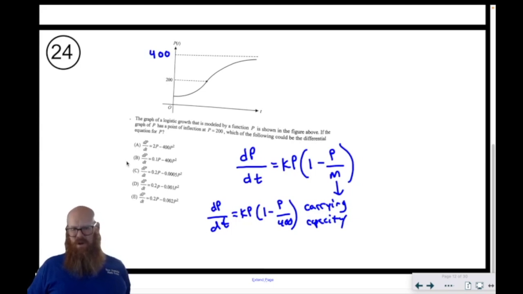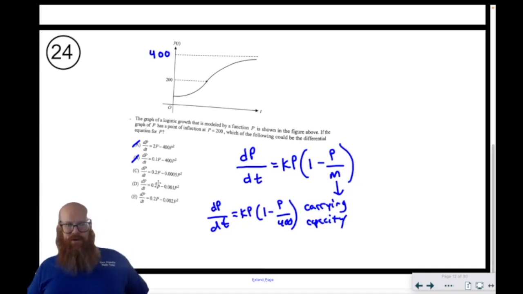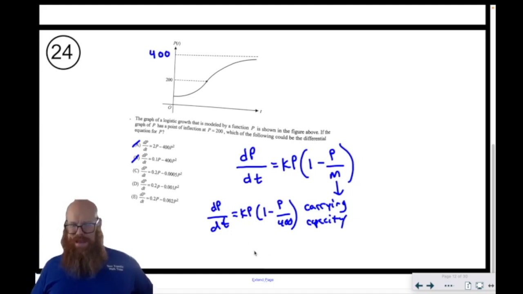In order to get a 1 here, we're factoring out whatever this is. For instance, in this one, I'd be factoring out a 2P. But if I factor out a 2P, I'm not going to get P over 400. And same thing here. So these are just wrong. So clearly, I'm factoring out a 0.2P, which means that k is 0.2.